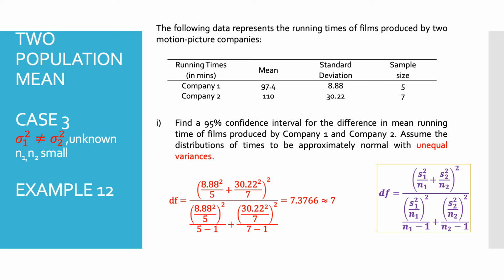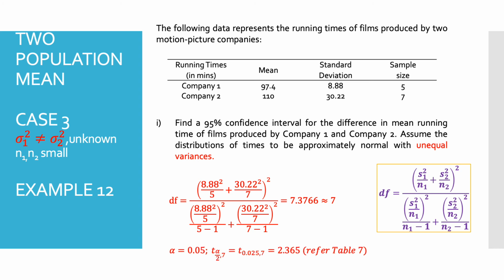Finally, we get the degrees of freedom equal to 7.3766. Here you need to truncate the value of df to the lower value, so degrees of freedom equals 7.